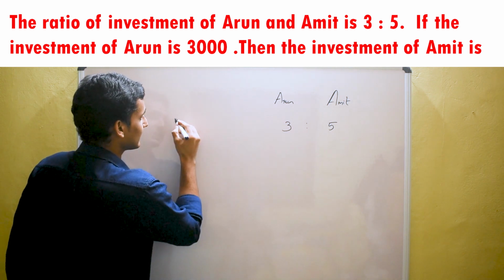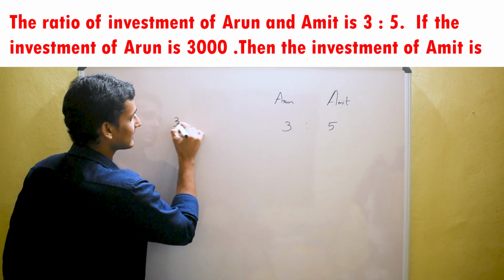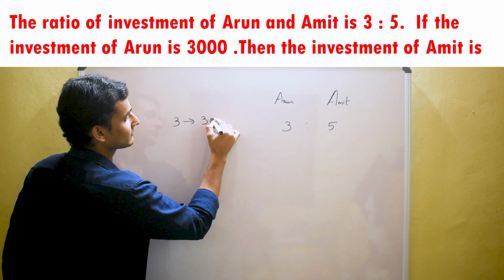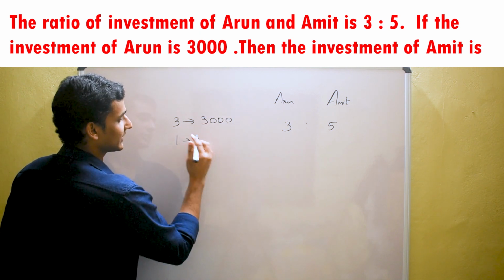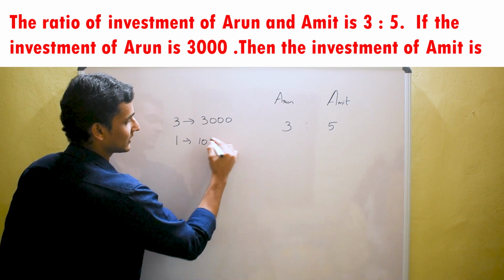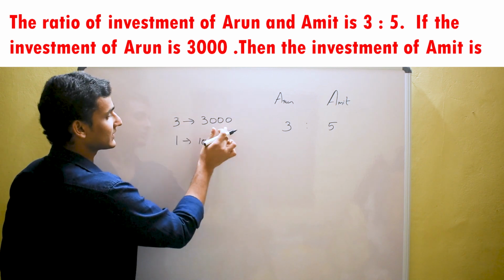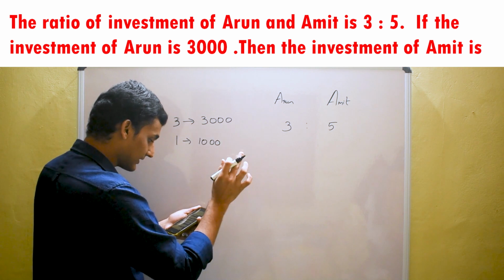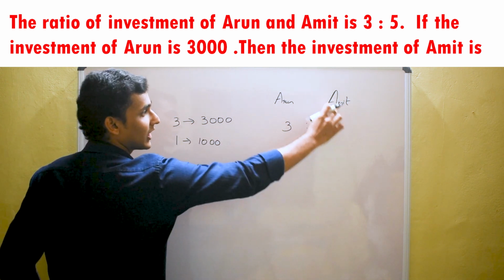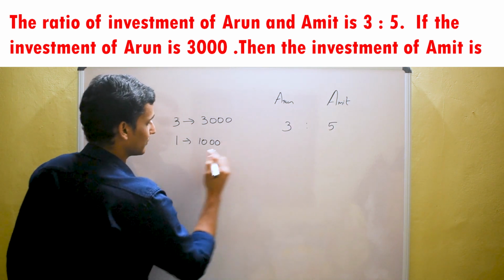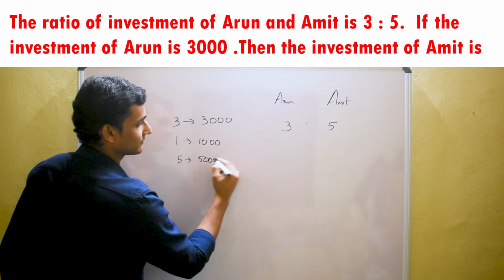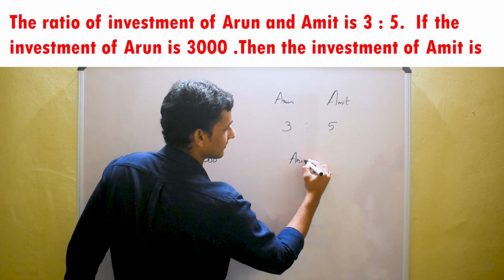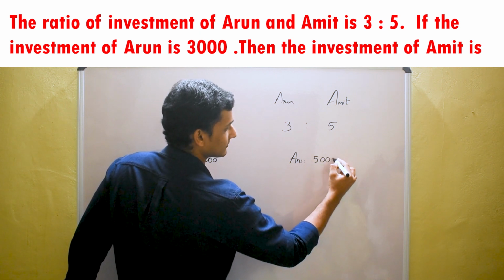That means this 3 is actually 3,000. And what is 1? 3,000 by 3, 1,000. We need to find the investment of Amit. Investment of Amit is 5. Then what is 5? 5 into 1,000, 5,000. Your answer will be 5,000.